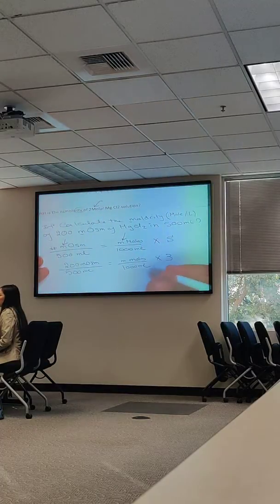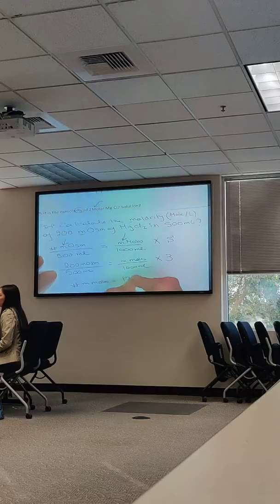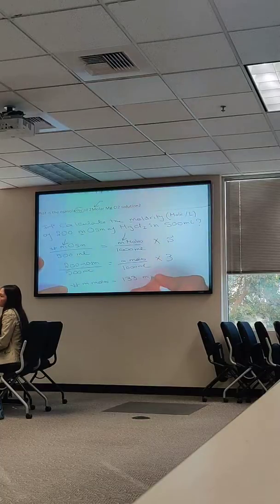So the number of millimoles per liter equal how much? 133? Okay, so the number of millimoles equal 133, and the unit is millimoles per liter.